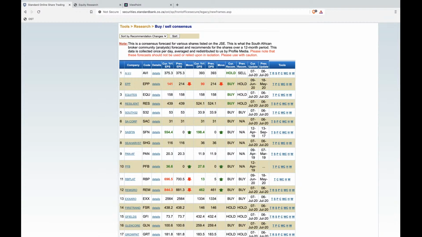Let's say they expect the market to do 10%. Therefore, if they expect the stock to do more than 10% over the 12 months, it's a buy. If they expect the stock to do 10%, it's a hold. And even if the stock is going to do 5%, which is still positive, it underperforms the market, therefore it's a sell. So the two important points, Ross, are that it is over a one year period and it is relative to the market as a whole.